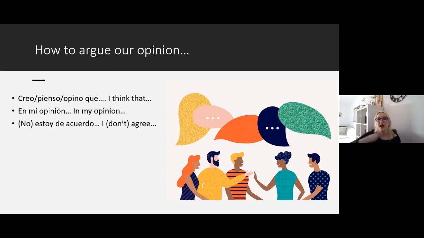So if we want to say I agree, like with technology, for example, so estoy de acuerdo is I agree. Or if you want to say I don't agree, you just put no at the front. So no estoy de acuerdo. If you want to say you're in favor, so for or against, so estoy a favor de, I'm in favor of, or estoy en contra de, I'm against. So estoy en contra de las redes sociales, I'm against social media.